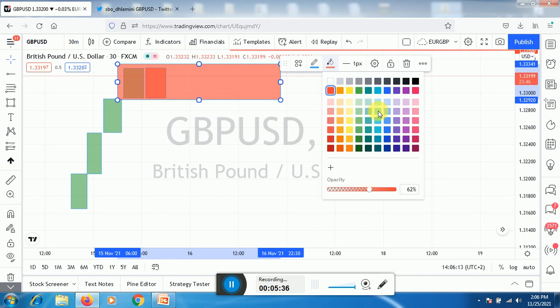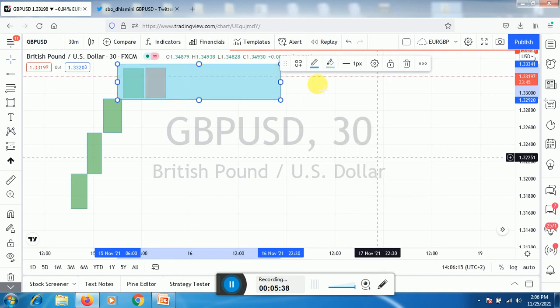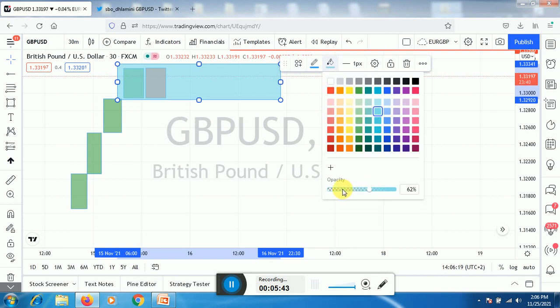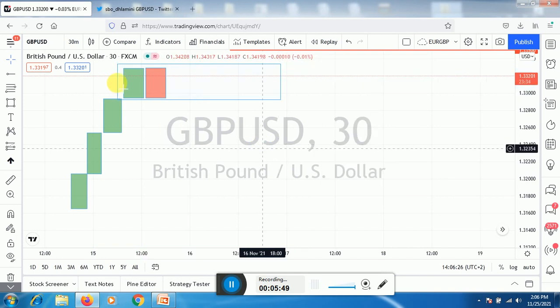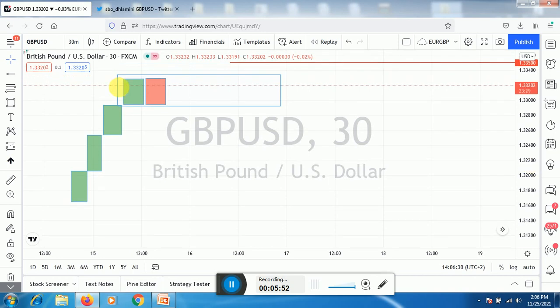Let us make this pale blue, a little pale like this. Yes, so you see now we've created a zone there on this bullish candle.